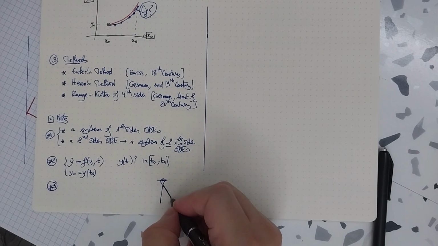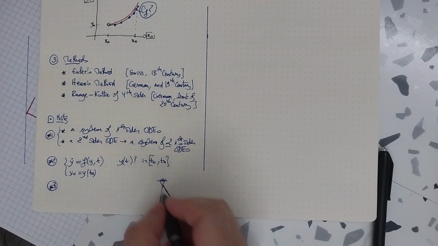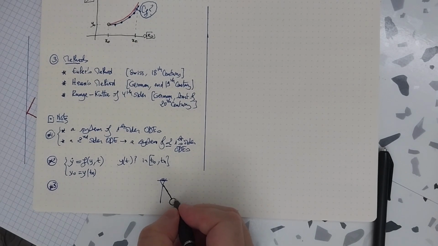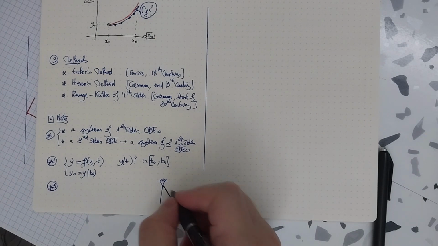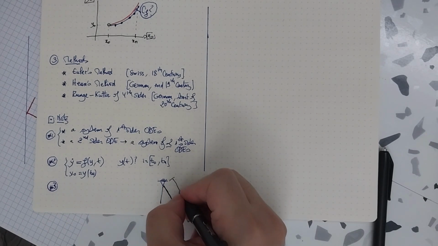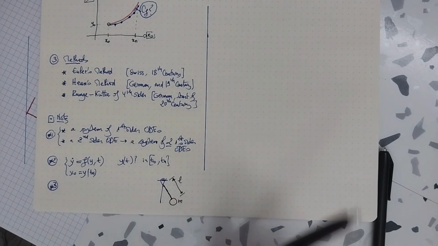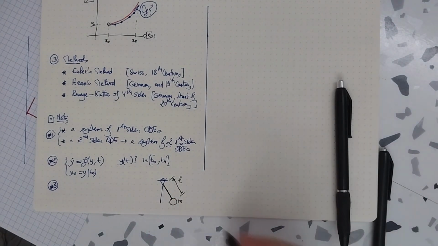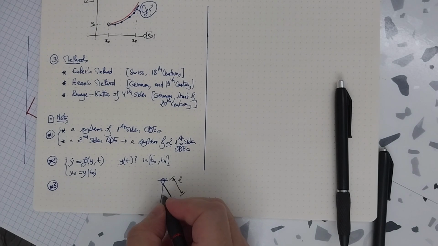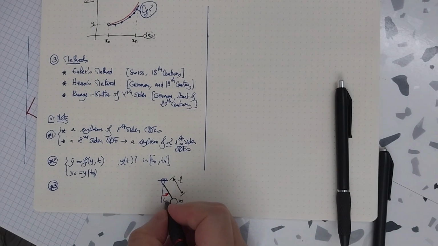The rod has negligible mass, and at the end there is a mass m that swings. The length L of the rod is given, and the dependent variable, the function we are looking for, is theta.